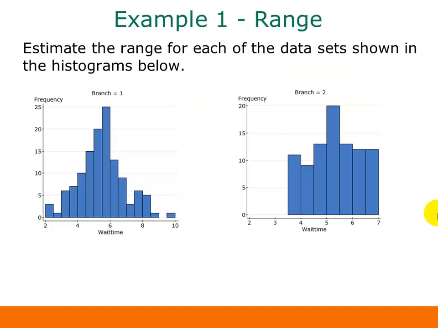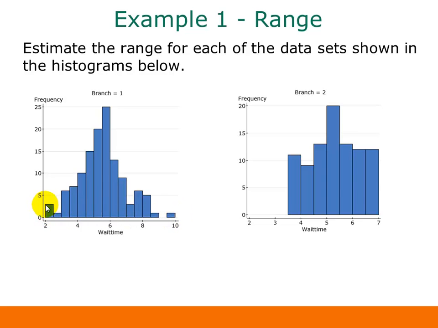Here's an example for finding the range. In this example, we have those same two histograms, and we're going to estimate the range for each of the data sets shown in the histograms. And we say estimate because since we have histograms, we don't know the actual data values.